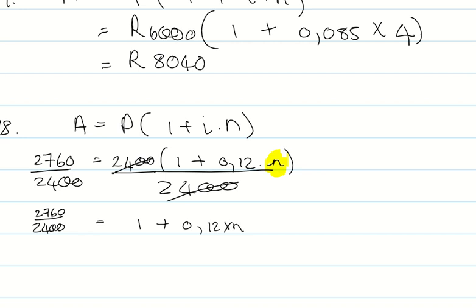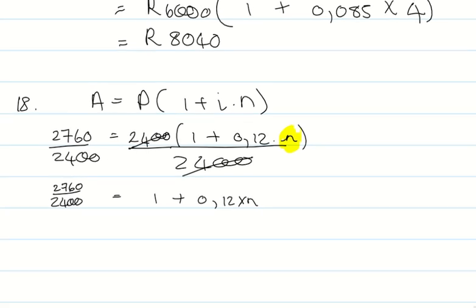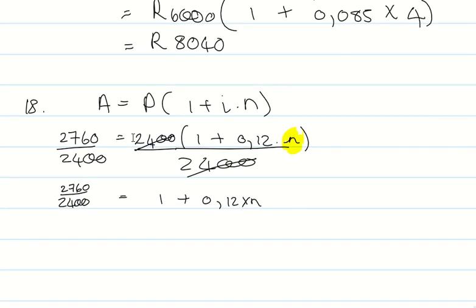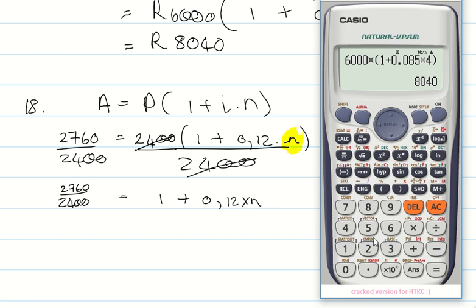What is bothering me now? Still, there's a 1 there, alright? How can I get rid of the 1? Now I'm going to simplify that amount, which is 2,760 divided by 2,400, is equal to 1.15.